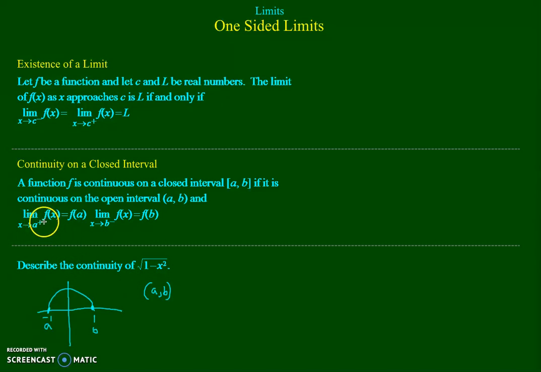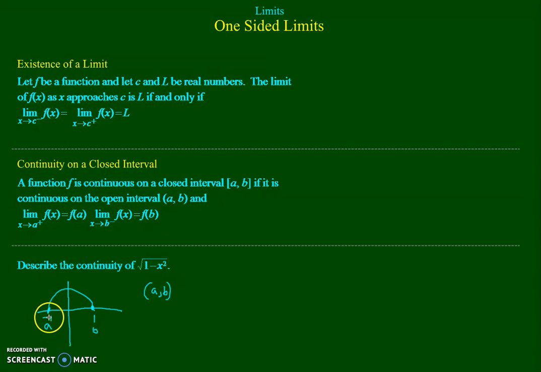and if the limit at the left endpoint from the right, going this way from the right hand side, approaching negative 1, if that value equals f of negative 1, then this limit exists. And if the limit from the left at the right endpoint B is f of B. So f of 1 here is 0, and that is the limit.